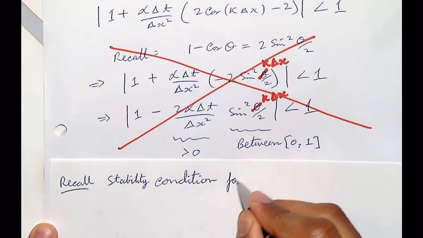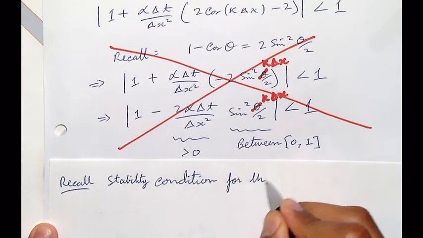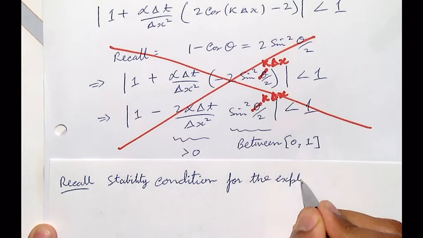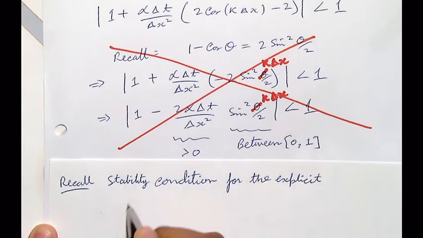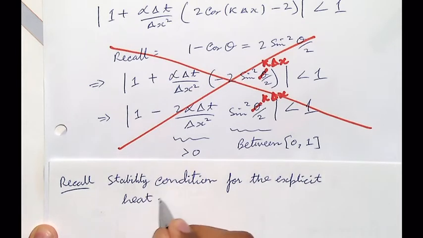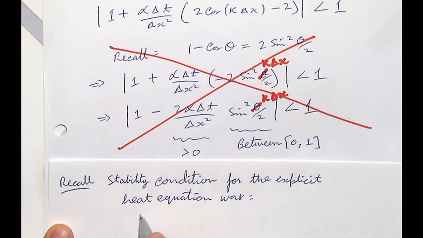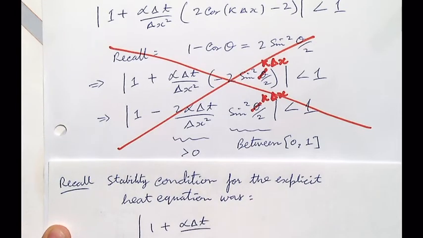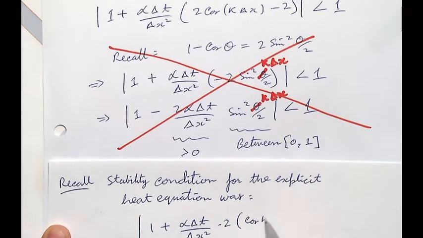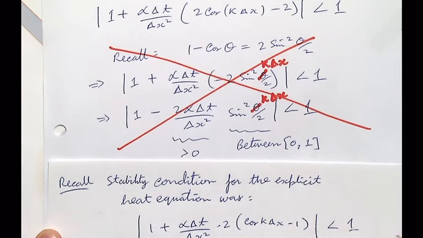So the stability condition for the explicit heat equation was, all right, up until this point we were fine, which is 1 plus alpha delta t over delta x squared times 2 cosine k delta x minus 1 should be less than 1.